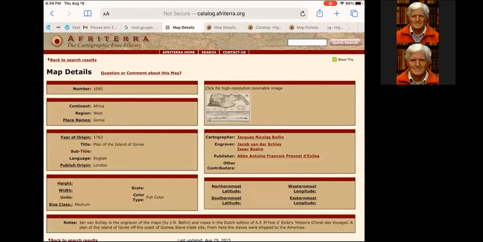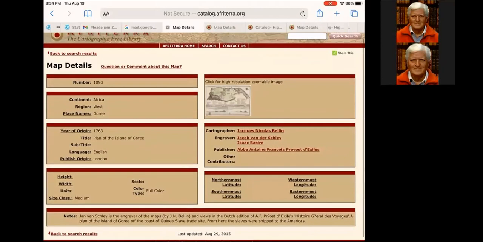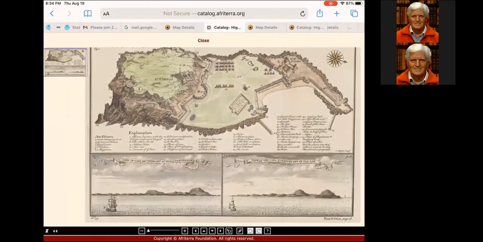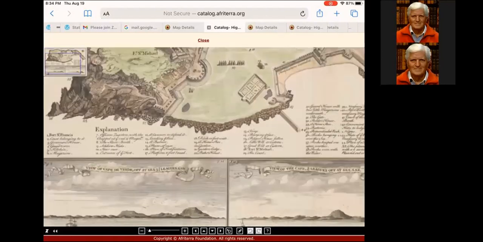There too, it comes up in the right-hand upper column square, and you can tap on that and get out to the zoomable map. The zoomable map is very, very detailed and interesting.